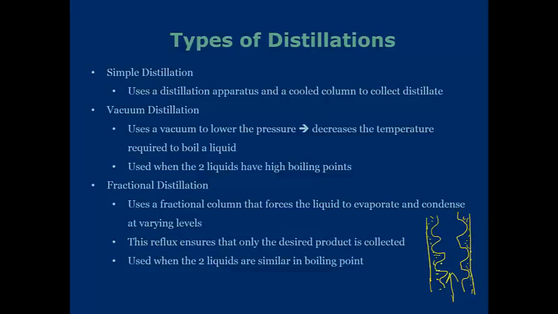It's going to cool, and liquids are going to collect in these areas. Once it continues to get heated up and continues to travel up, collecting and collecting, eventually only the desired product is pulled out. When two liquids are very similar in boiling points, you have to use something like this in order to ensure that you have what you want.